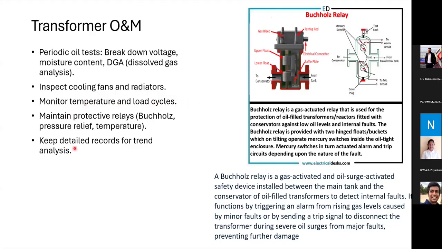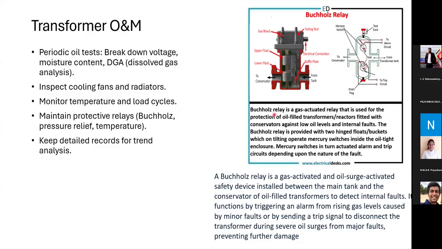And maintain protective relays like the Buchholz relay, pressure relief relay, and temperature relay. Most important is to maintain detailed records for trend analysis. See whether you can see any trends of failure at a certain part, and if we see a trend, we can take the necessary action to rectify it.